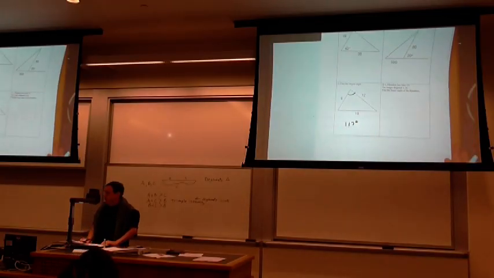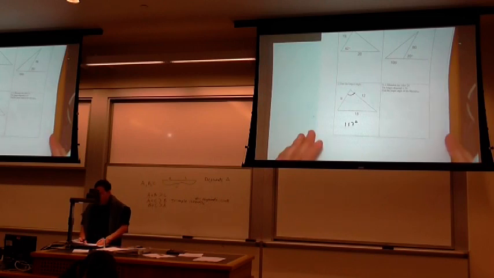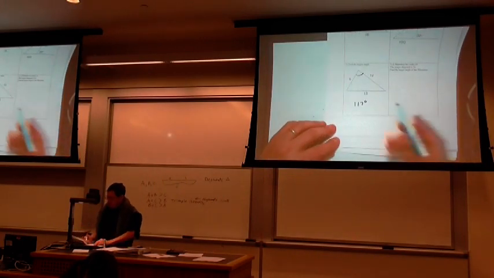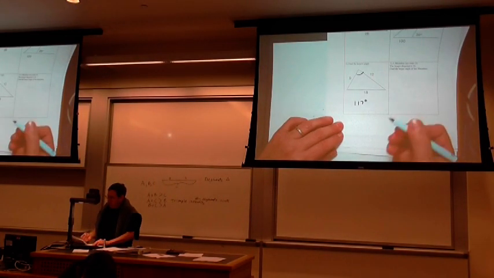Okay, would you like to suggest a reason why it has to be the one across from 18? Because the largest angle has to be across from the largest side. That's true. A nice way to see that is, if you look at the law of sines.